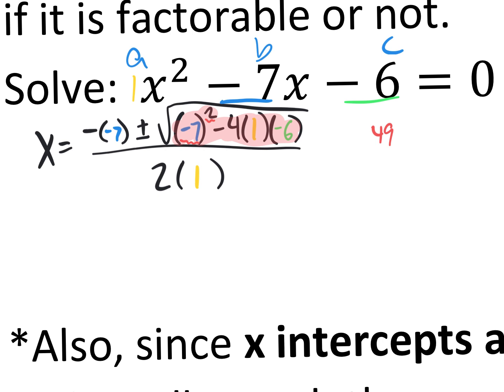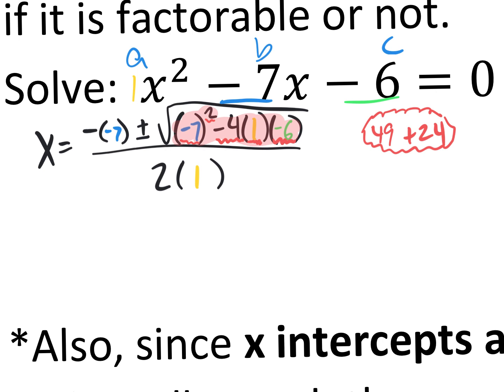You could multiply 4 times 1 times negative 6 and then subtract that value, or you could make that minus sign a negative sign and consider it a negative 4 times 1, which would be a negative 4, times negative 6, which would be a positive 24. So inside our square root, I really have 49 plus 24. Or let me use the vocab word that I just said. The discriminant is 49 plus 24, which would be 73, correct?